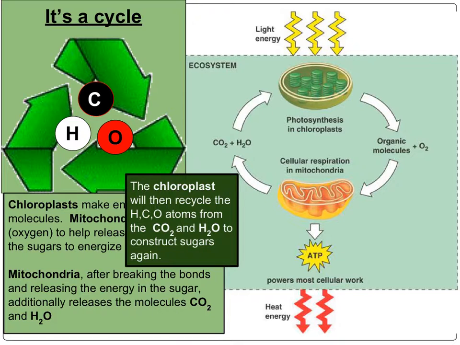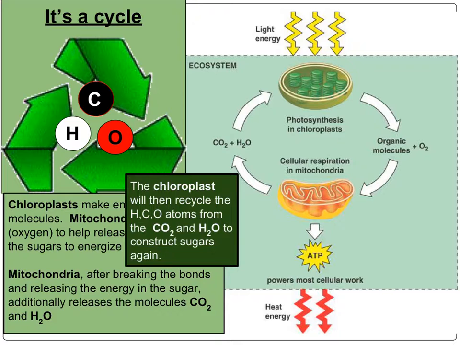When you really break it down, this is almost like a recycling process of these three atoms: carbon, hydrogen, and oxygen. The mitochondria and the chloroplasts just keep using them like Legos to build new structures, breaking them down, and then building new structures and giving it to the other organelle and breaking it down again and rebuilding new structures. And it's the same atoms, though. They're just kind of being recycled.